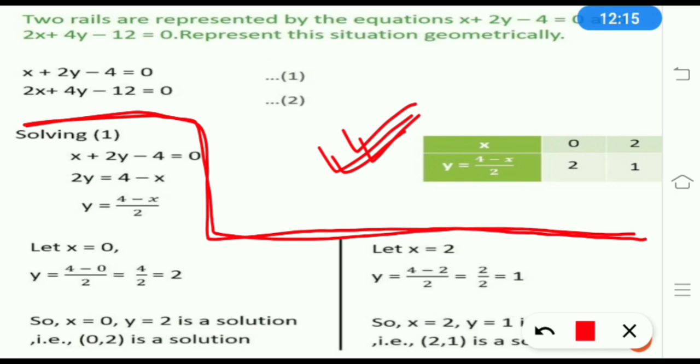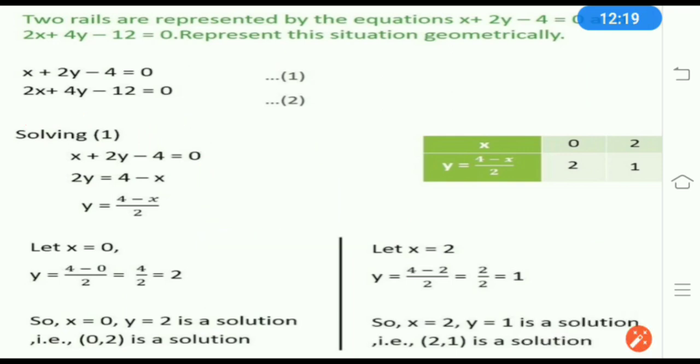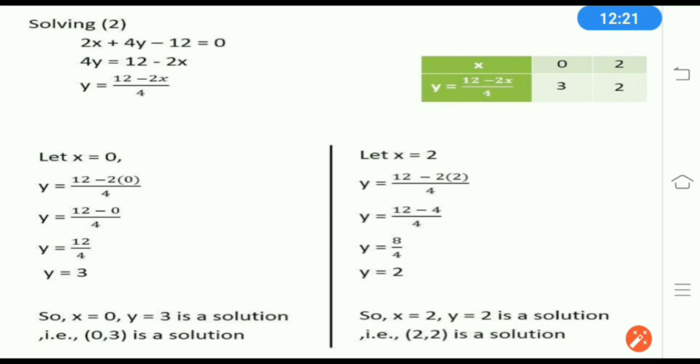That means 2x plus 4y minus 12 equals 0. So 4y equals 12 minus 2x, so y equals (12 minus 2x) divided by 4.